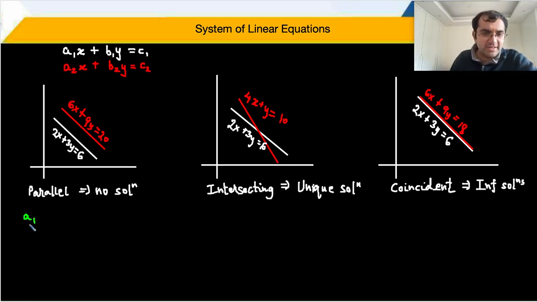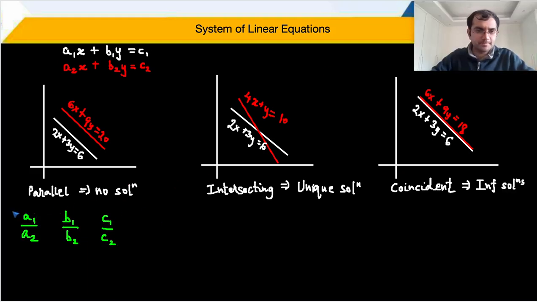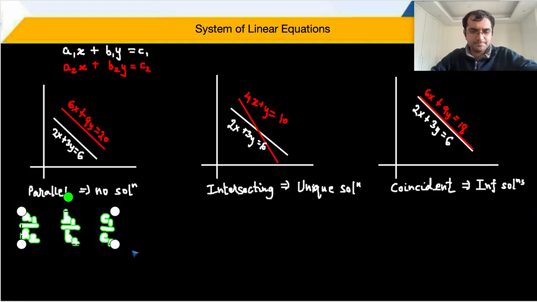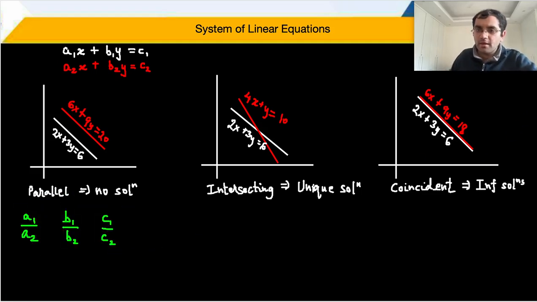All right, so in the case of parallel lines, the pattern or the condition that we observe is that the ratio of coefficients a1 by a2, b1 by b2 and c1 by c2, we notice that a1 by a2 is equal to b1 by b2 but is not equal to c1 by c2.